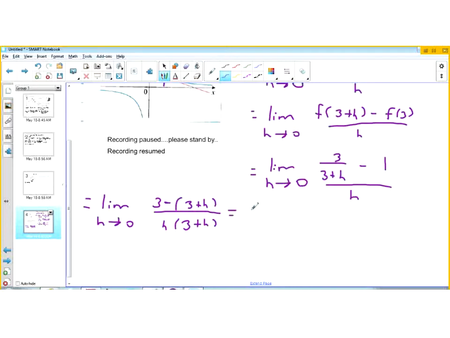That's a minus, not a multiplier. Sorry about that. So this would be the limit as h approaches 0. Simplifying the numerator, we're left with minus h. And we'll leave the denominator as is, because if we do, you can see there's going to be a cancellation.